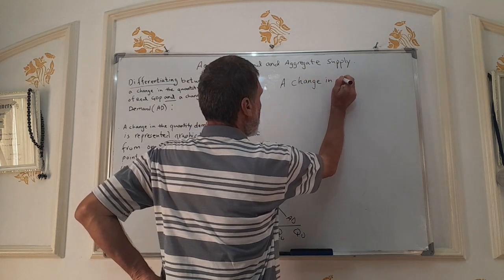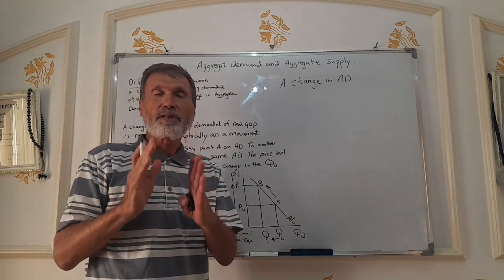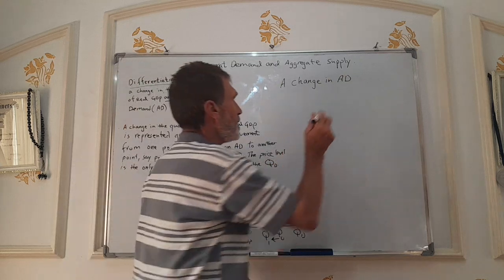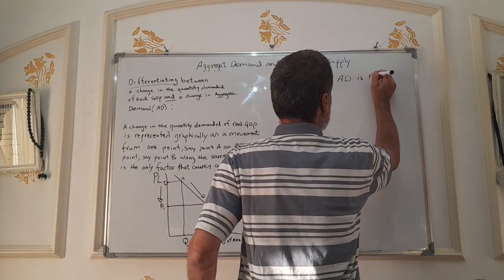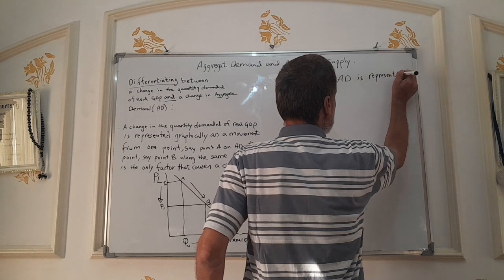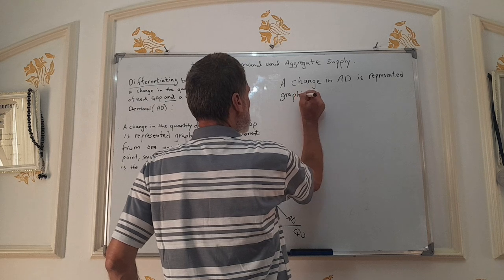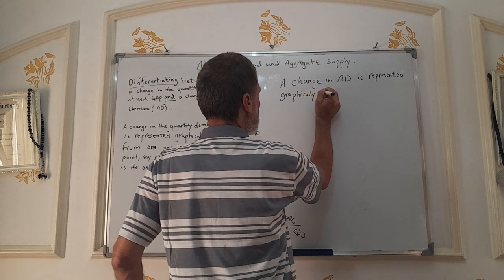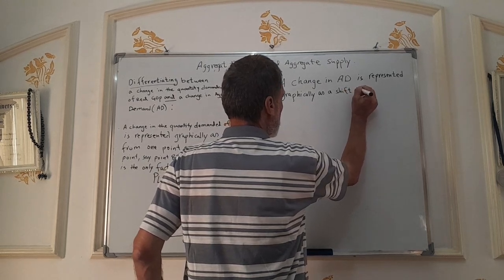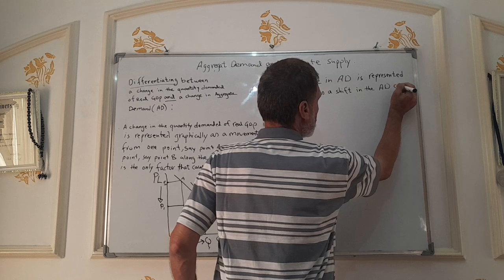A change in aggregate demand, AD, is represented graphically as a shift in the aggregate demand curve.